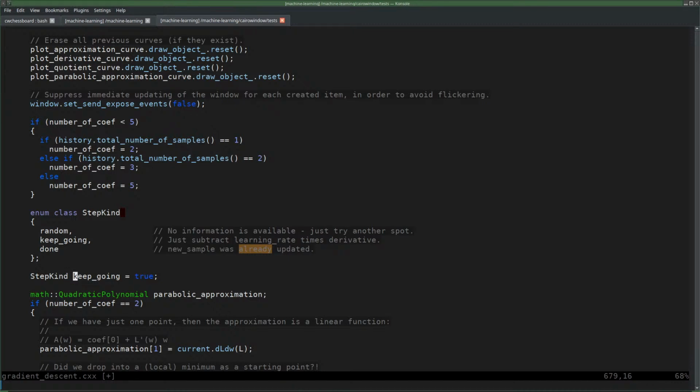And then step kind is keep going. No, I'm going to call it step kind, of course. And because it is an enum class, we have to put that in front of it.